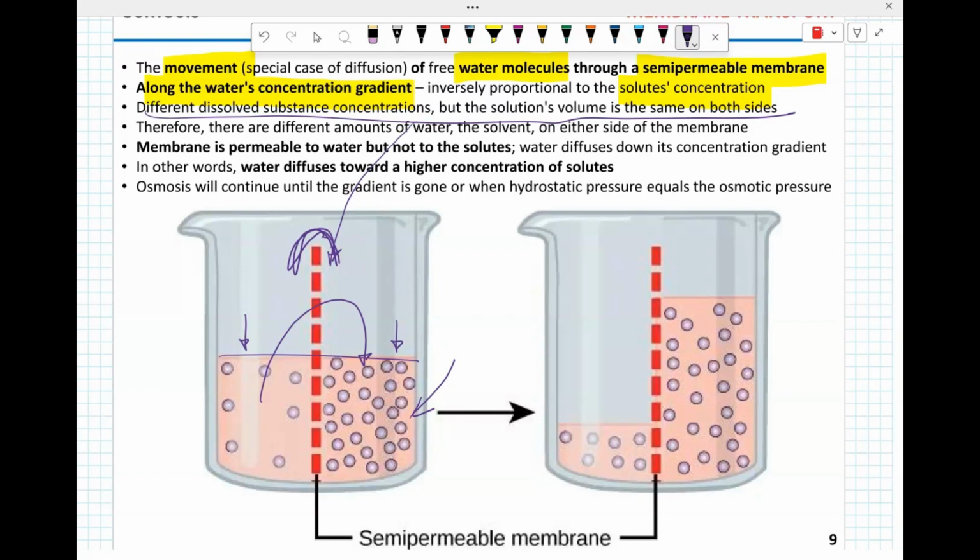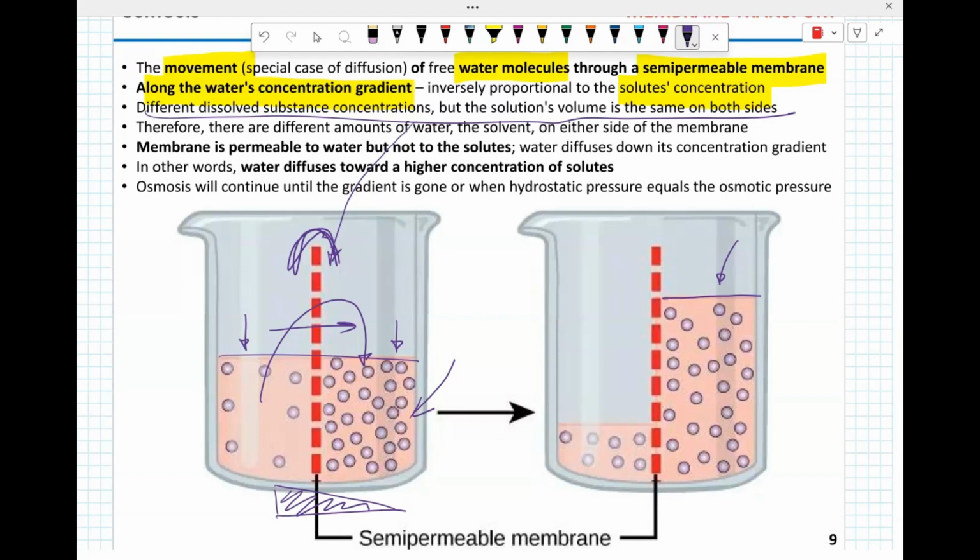Since the membrane is permeable only to water, but not to the solutes, water will diffuse down its concentration gradient. So that's the concentration gradient for the water. And it will move to the right half of the beaker. And you can see that as water diffuses towards a higher concentration of solutes, the level of the fluid on the right side of the membrane increases.